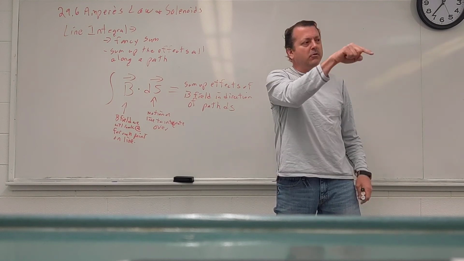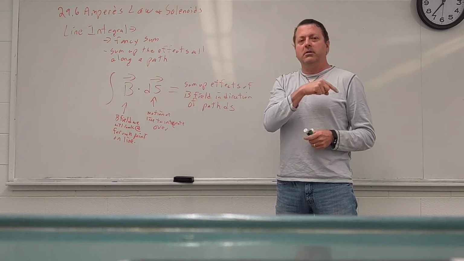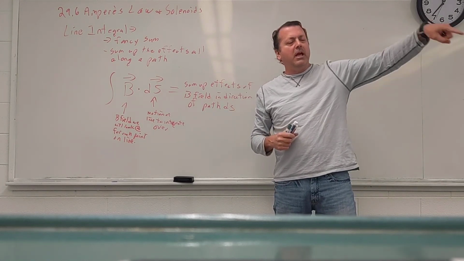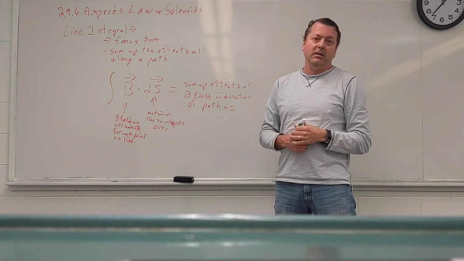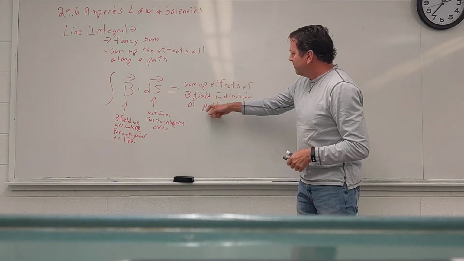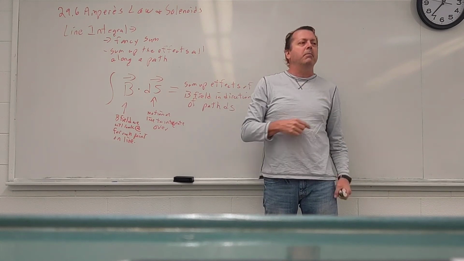Now if I go up and down the rows, I get one path. Say I just went all the way around and hit the edges of all the rows, the front and back. That would be a different path. I would collect different amounts of money over those paths. So I'm going to see the effect of this B field at each point along my path and then sum up that effect.